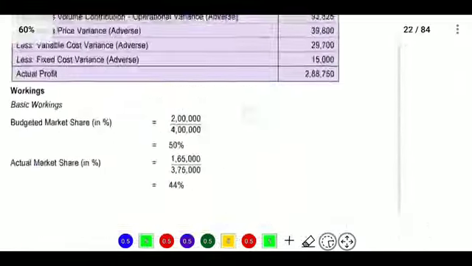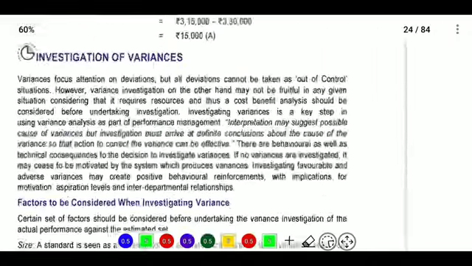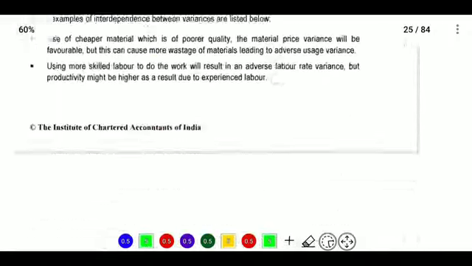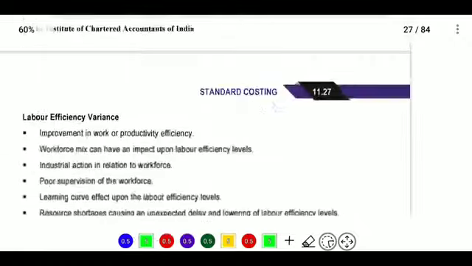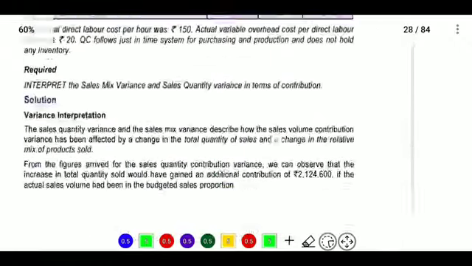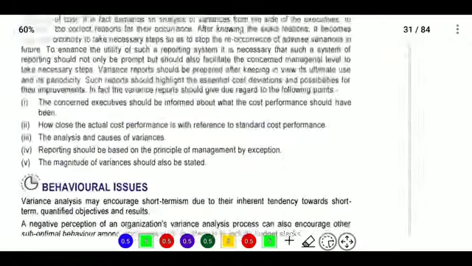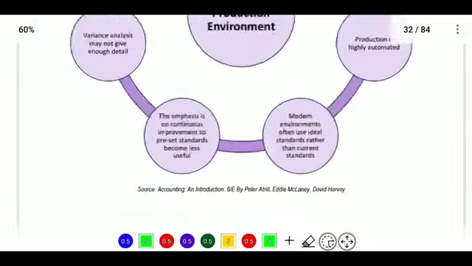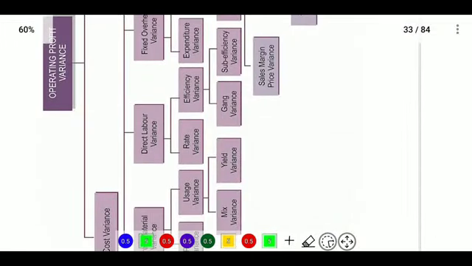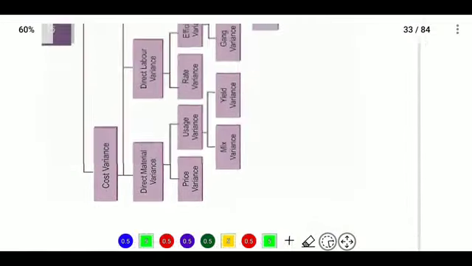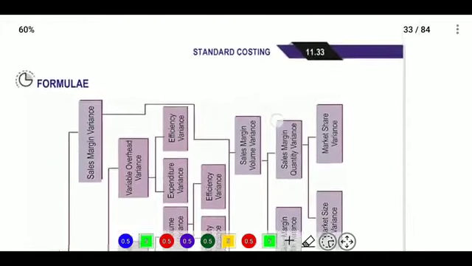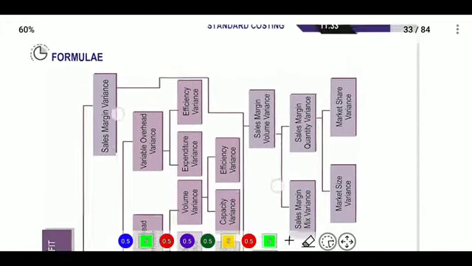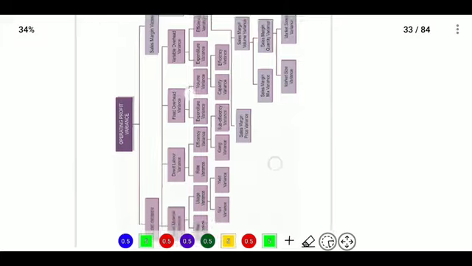After that, what are the formulas we have? How will the formulas come? You will see that. First, the formulas and reasons.